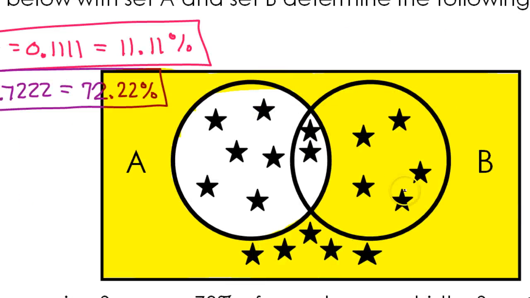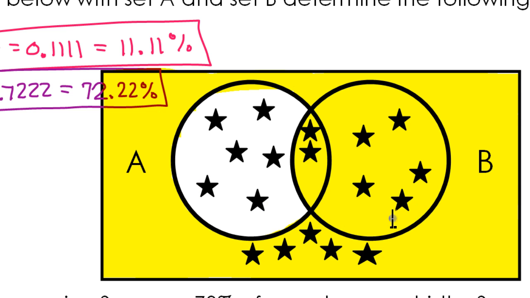So we want everything I just shaded in yellow, plus everything that's in circle B. I'm not going to start over again because most of circle B is already shaded in, but I want everything in circle B. So all I really need to do is shade in this extra part as well. So I will have not only all that good not A that I had going on, but if I include this little piece right here, I've also got all of B as well.